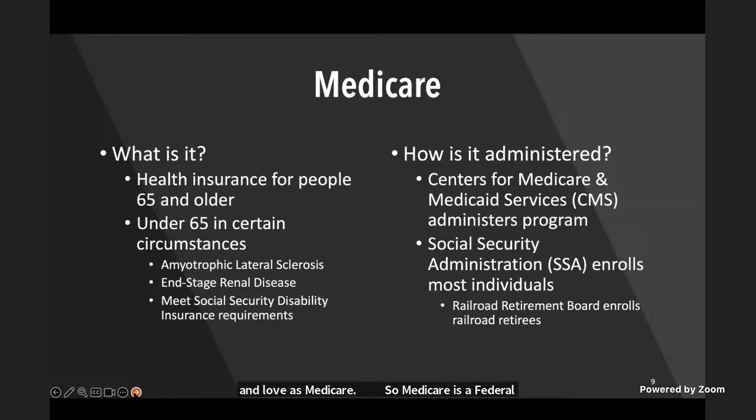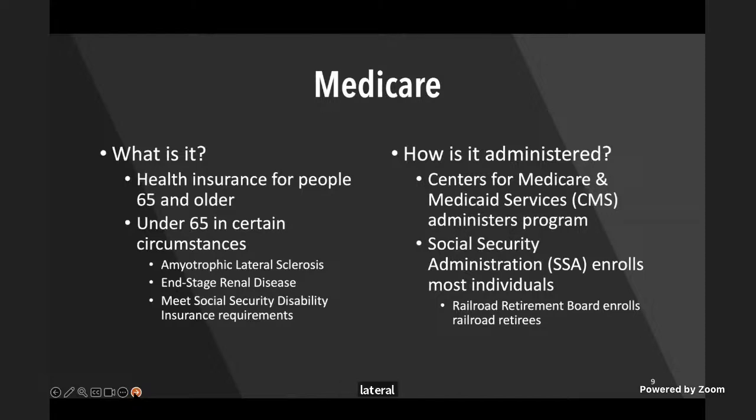But it also is available to certain individuals, regardless of age, if they meet certain conditions. And so some of those conditions are amyotrophic lateral sclerosis, which we informally call Lou Gehrig's disease, end-stage renal disease, and people who meet Social Security disability insurance requirements. So these people are able to join Medicare no matter their age.